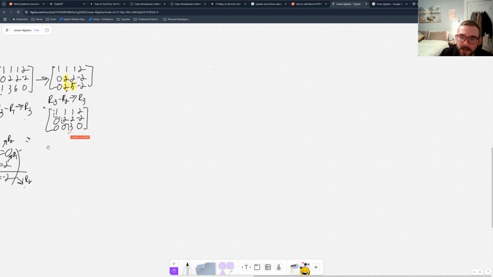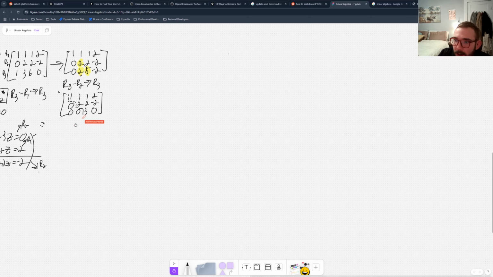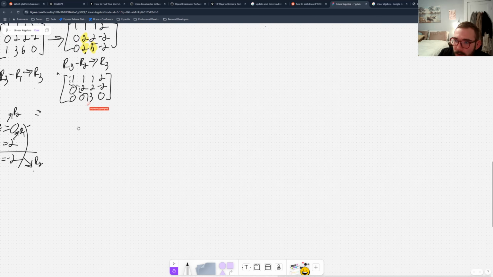Obviously, you can't multiply everything by 0 on both sides, you're just going to get 0 equals 0, and it's not going to be helpful. So now all we need to do is divide the second row by 2 and the third row by 3, and then we're done. So what would that be?